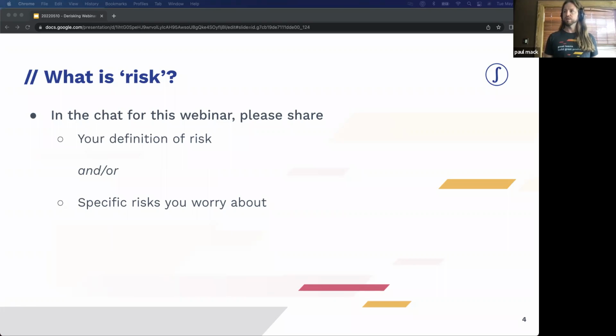See what can go wrong. Thank you, Julian. Any other definitions of risk or specific risks? Ooh, I like uncertainty there. We'll talk quite a bit about uncertainty and outcomes today. Thank you, Steph. I like the word hampered too.